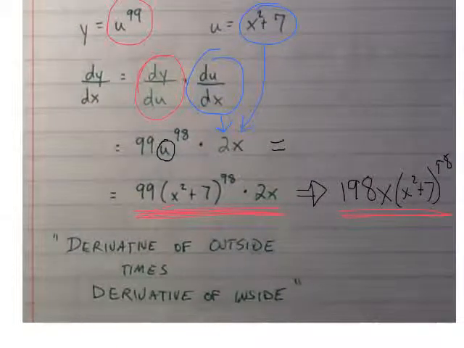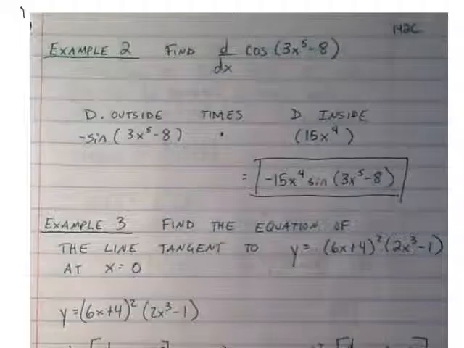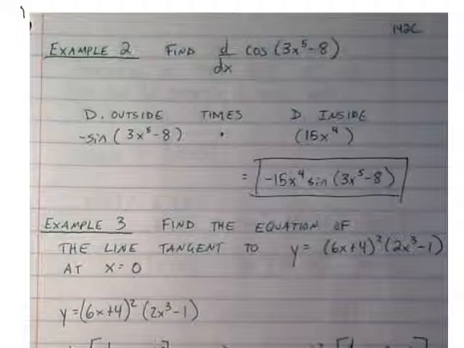So for the future problems, I'm not going to use Leibniz notation. I'm going to speak more in the terms of derivative of outside times derivative of inside. Here in example 2, we're taking the derivative of a trig function, and these are notoriously composite functions because oftentimes the value that you're taking the trig function of is a function in itself.